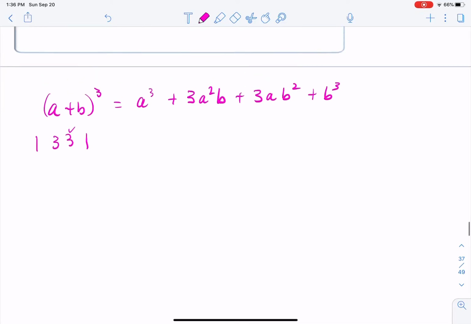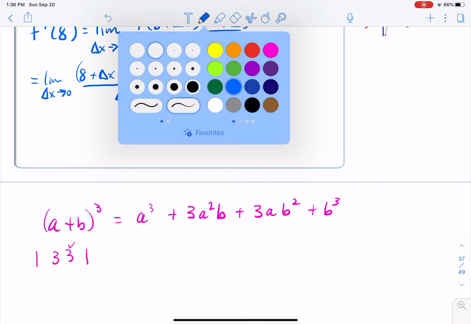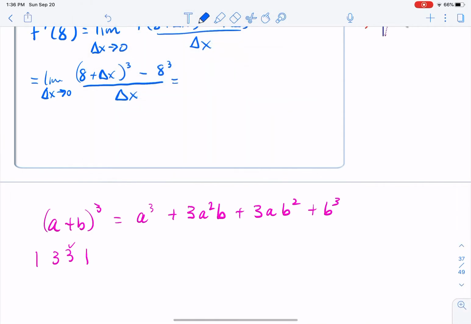So I'm going to do that with these terms inside here, okay? All right. Hopefully there's enough room. There's probably not. Limit delta x approaches 0. I would have 8 cubed plus, I need my coefficient of 3 here, 3 times 8 squared times delta x, sorry, plus 3 times 8 times delta x squared.